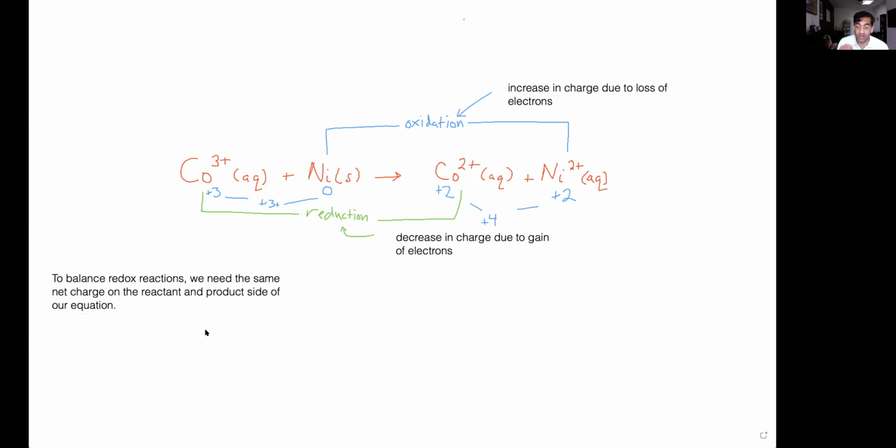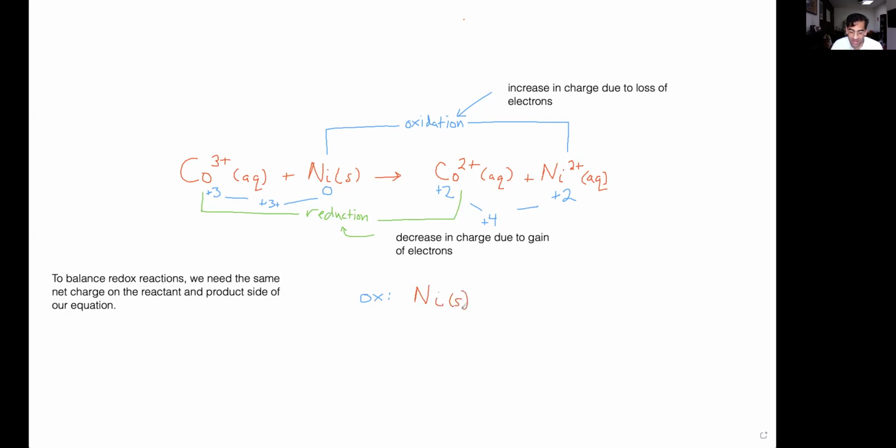And so I'm going to start off by talking about where we place electrons based on whether we're talking about the oxidation half reaction or the reduction half reaction. So I'm going to start with the oxidation one, and that is our nickel. And so when we talk about that one, we add our electrons on the product side.